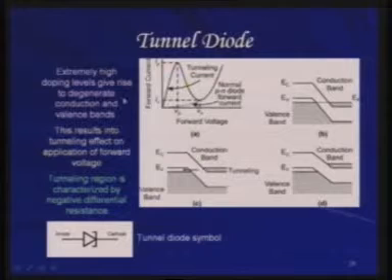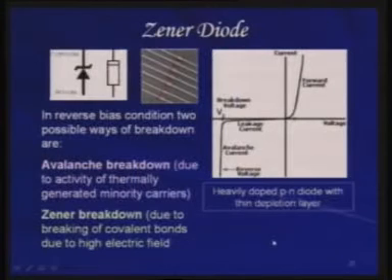Because of this, suddenly with even a small voltage you get a rise in the current, whereas initially the diode would have just gone like that. Then when you further increase the voltage, since this tunneling region has passed by, you start getting a reduction in the current, and again normal diode characteristics are visible. This is a tunnel diode, which is used in microwave generation, and this is the symbol of a tunnel diode.